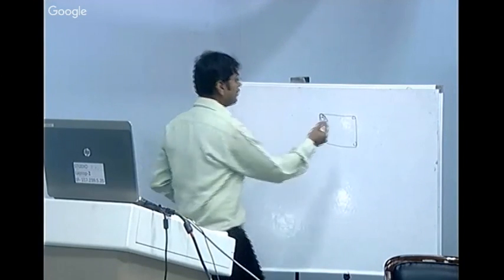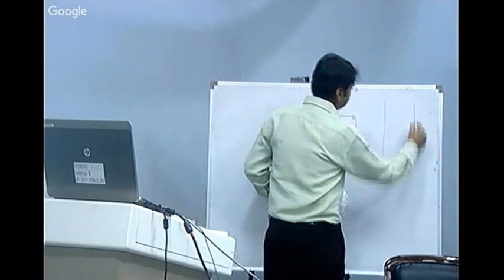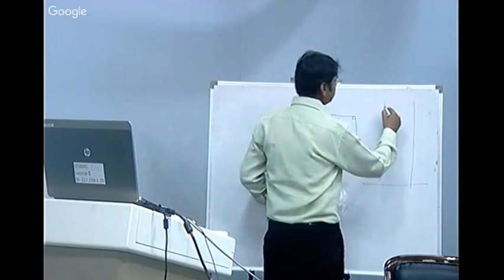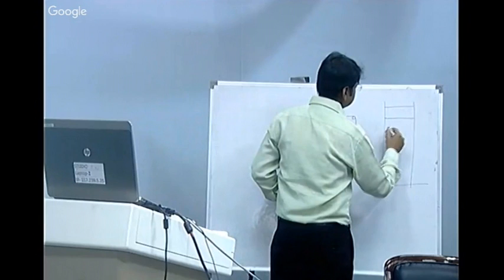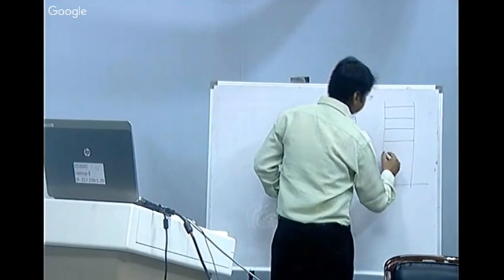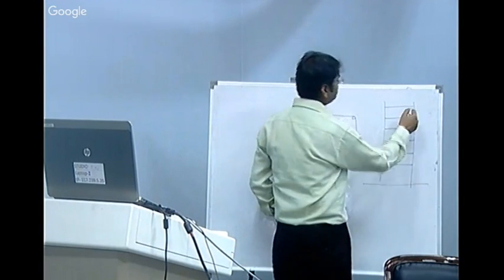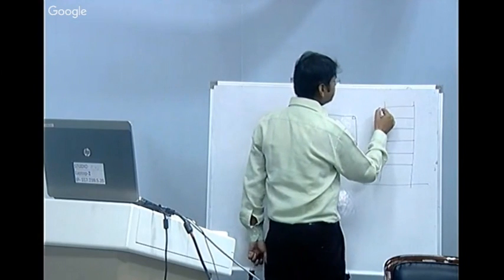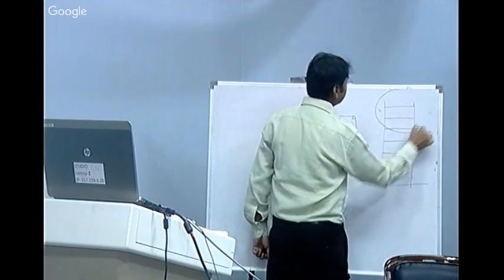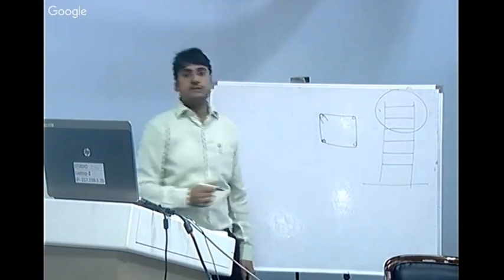We also used to say it as rings. Whenever you make any column or any beams, you need to provide the rings in the column like this. If this is the column, so these are the rings. Because during earthquake forces, more forces are concentrated near the joints. Joint region is most vulnerable region during the earthquakes.